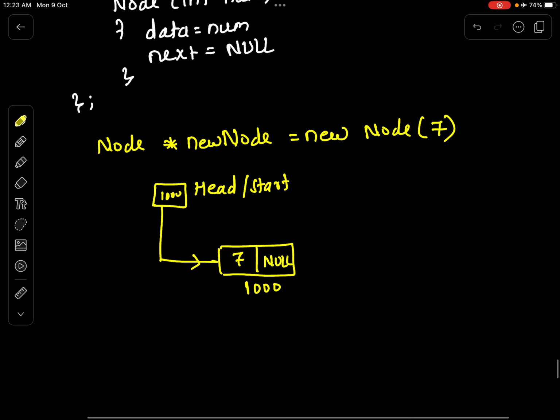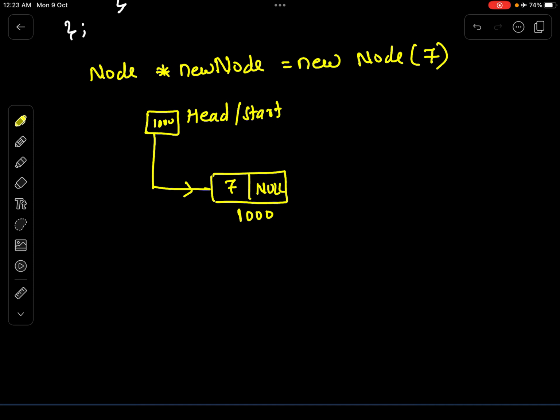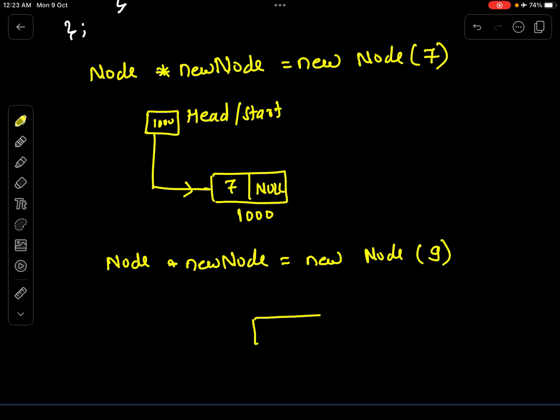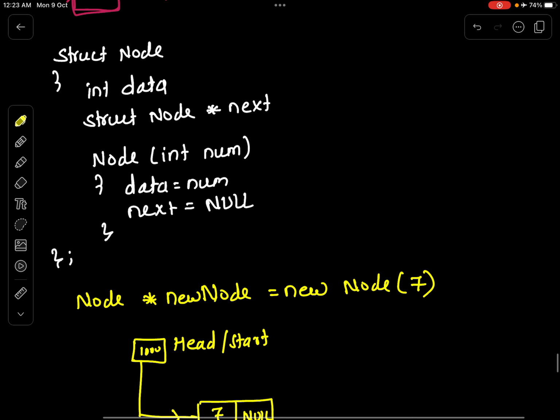Now say for example, I have created one more node, new node equals new node, say for example as 9. Now I have created a node. It contains a null, since it is present in our constructor, because any value I am passing is assigned to the data, and the next itself is getting null.